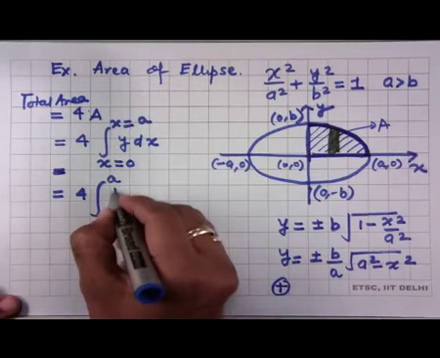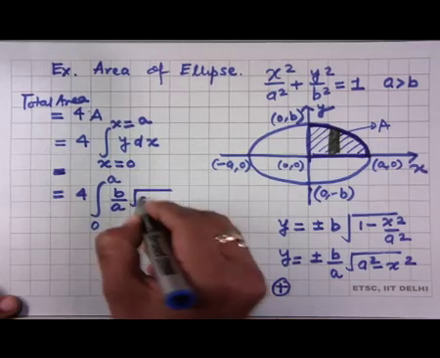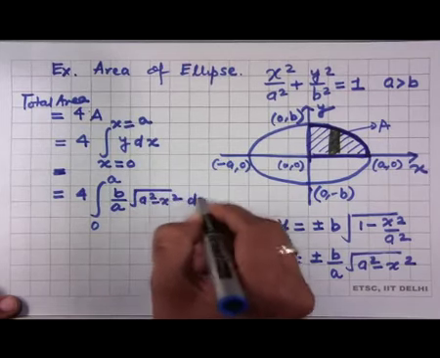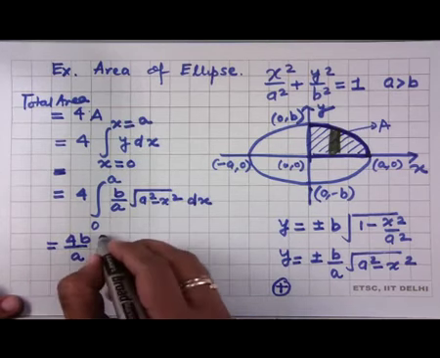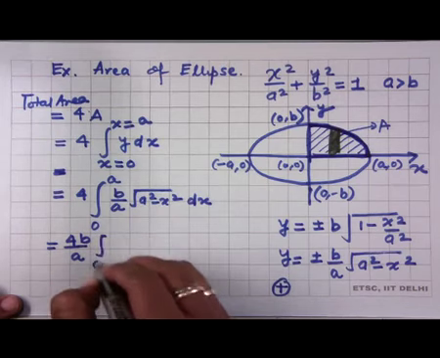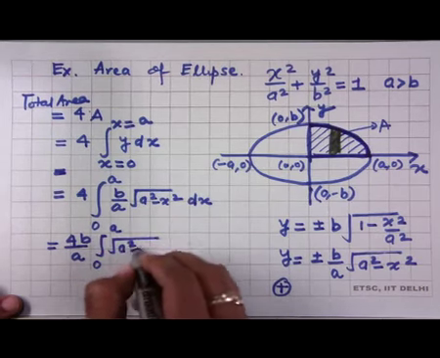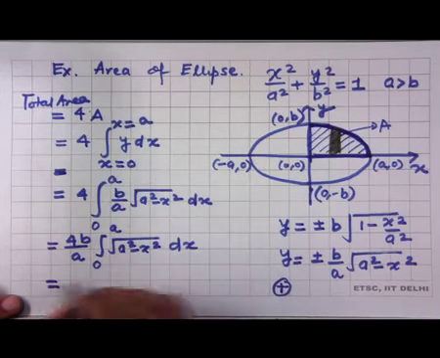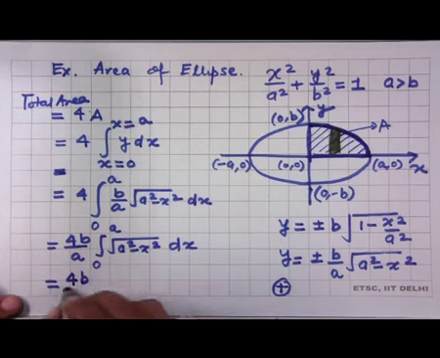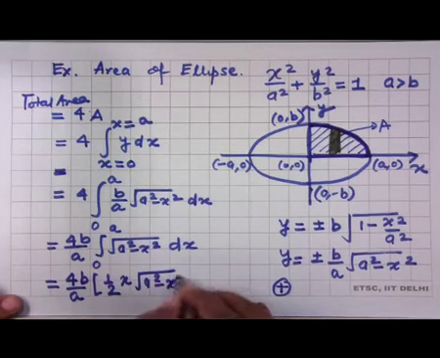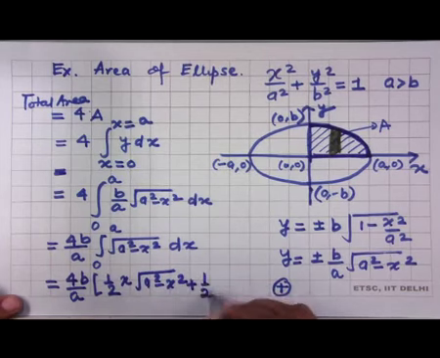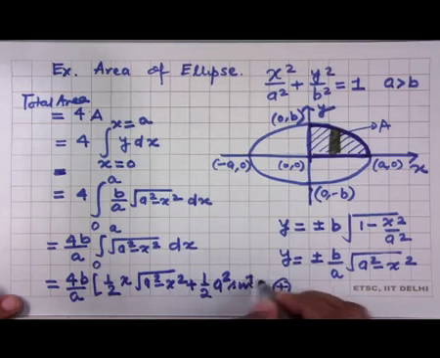So, we get b by a under root a square minus x square dx, from 0 to a, which is equal to 4b by a times 1 by 2 x under root a square minus x square plus 1 by 2 a square sin inverse x by a.